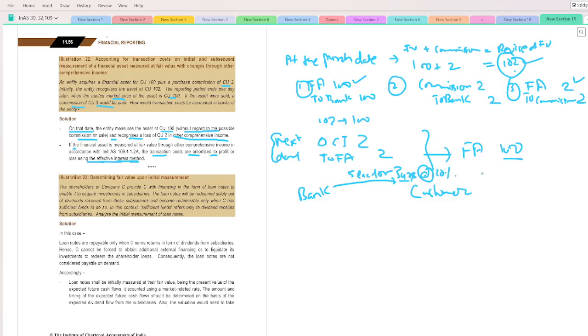And the market rate is say 12%, it is going on.